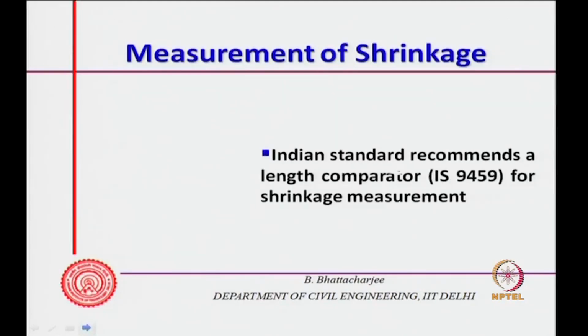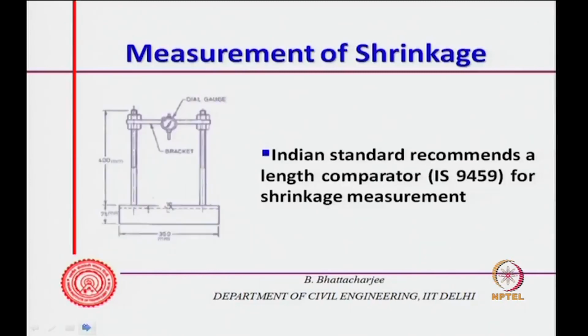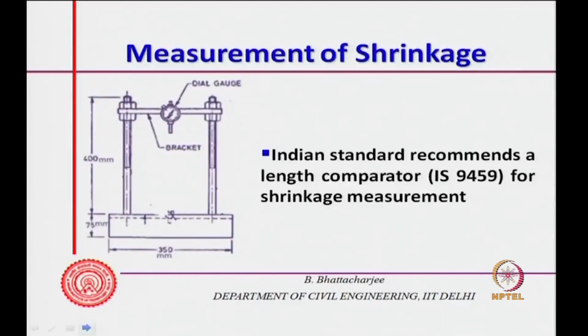Well, the Indian standard recommends a length comparator, something of this kind, for shrinkage measurement. So, you basically have a dial gauge, you put your specimen here, and there is a standard. Any length change you can measure. Basically, there is a standard reference which is first used to find out the dimension, and you have a Dirac point on the specimen.